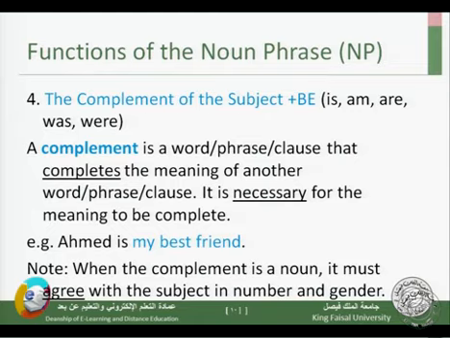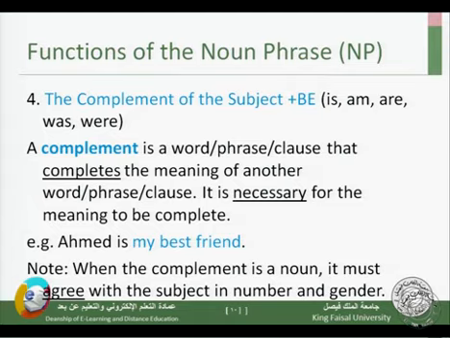So the function of the complement is the completion of meaning. Without a complement, another word or phrase or clause will be incomplete. The meaning will not be complete. So a complement is necessary for the meaning to be complete. We will look at another distinction in the next lecture, which is a function that is not necessary.